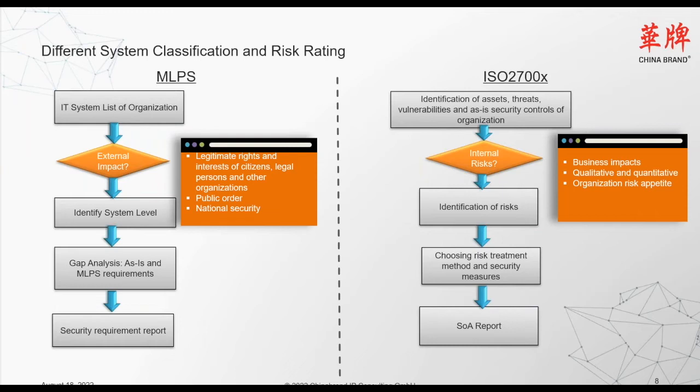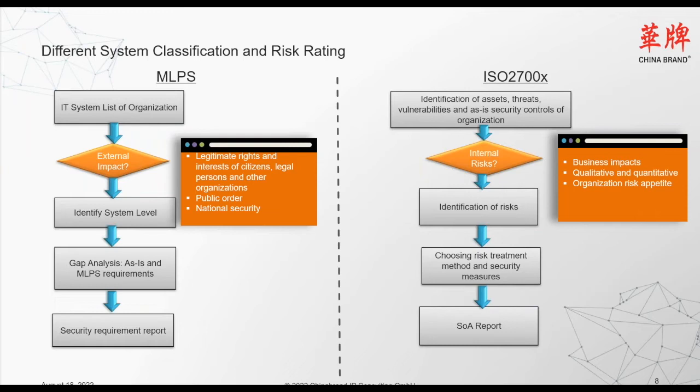That means what you have to consider when deciding which level an IT system is in, you have first to consider legitimate rights and interests of citizens, legal persons and other organizations, public order and national security. You do not necessarily have to consider your internal interest in the company. So this is a very external way of viewing the risk.